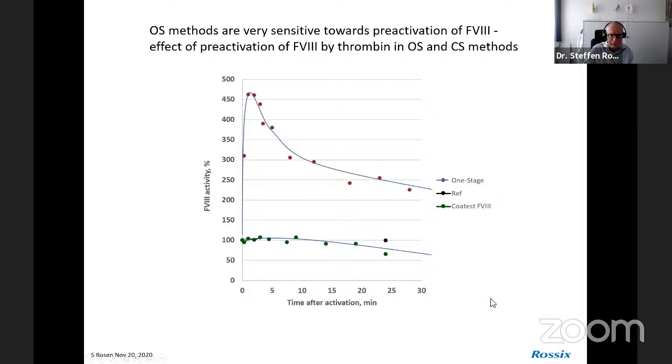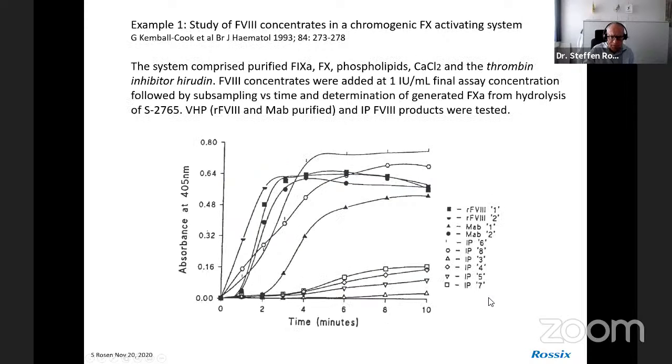So, some examples of these deviations. This is a very nice publication from the NIBSC group, headed at that time by Trevor Barrowcliffe. What they did was to investigate the time for 10A generation in a system with purified 9A, factor 10, phospholipids, calcium chloride, and including the thrombin inhibitor hirudin to knock out any traces of thrombin.